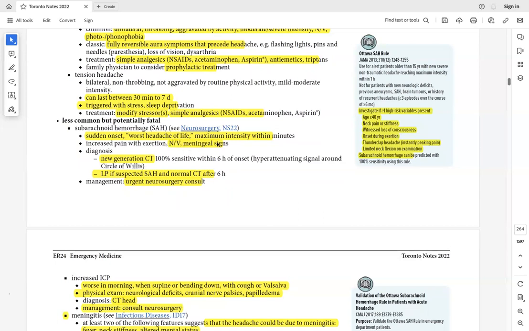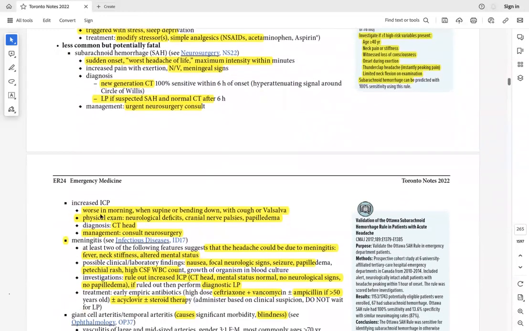They will have some meningeal signs, Kernig sign, Brudzinski sign, nausea, vomiting, pain with exertion. So what do we have to do? We have to do the CT scan. If the CT scan is normal and we're still suspecting subarachnoid hemorrhage, move on to lumbar puncture after 6 hours and urgent neurological consultation. For subarachnoid hemorrhage, what is our management? CT scan and neurological consultation.